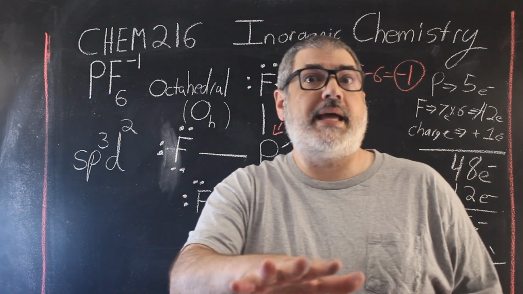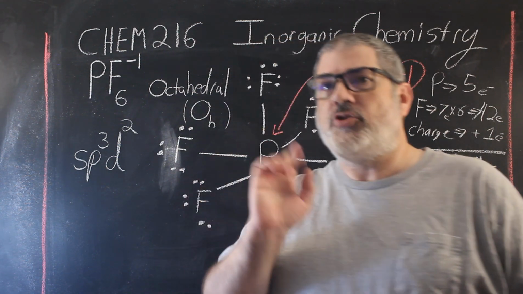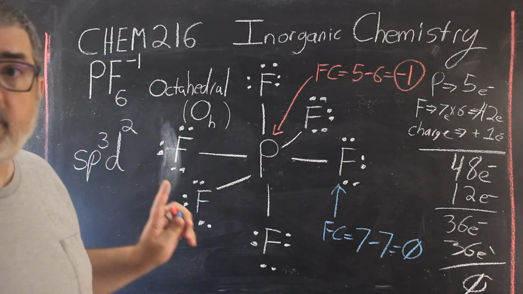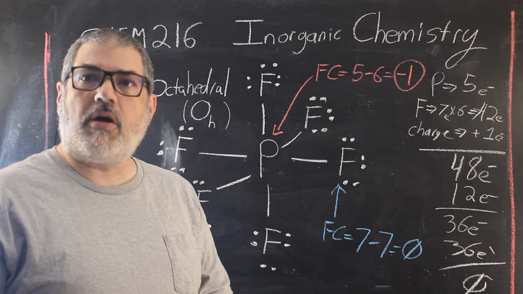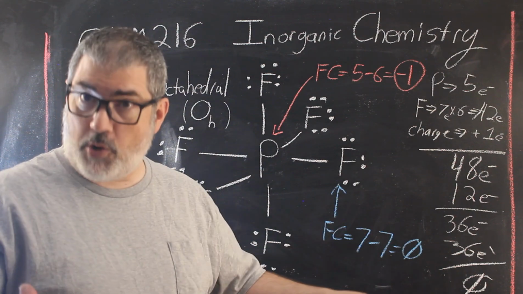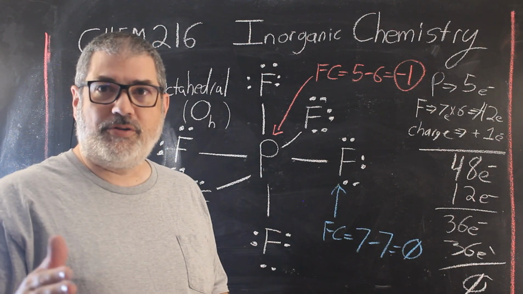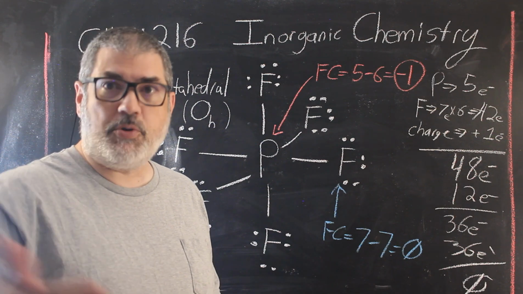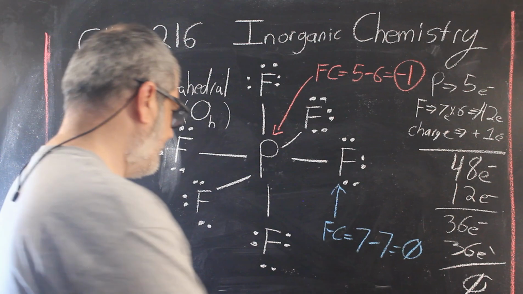And that's something we're going to get into in Chapter 2, by the way, in much greater detail. So, PF6 is octahedral, it's symmetrical, therefore there are 0 net dipole moments. There's a term from Chemistry 111 that you should know, net dipole moments, and therefore it's going to be nonpolar.